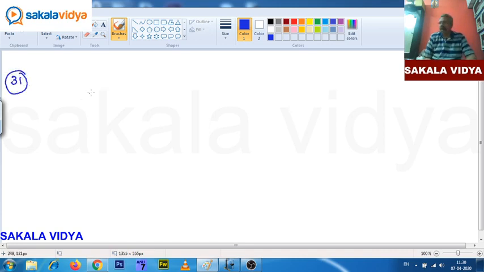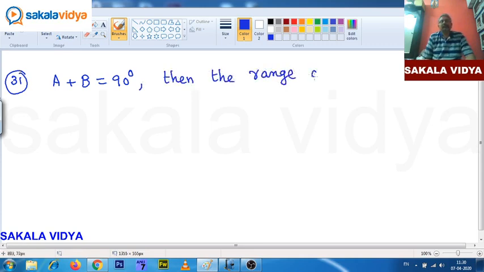Question 31. A plus B is equal to 90 degrees, then the range of cos A into cos B. Is it clear?